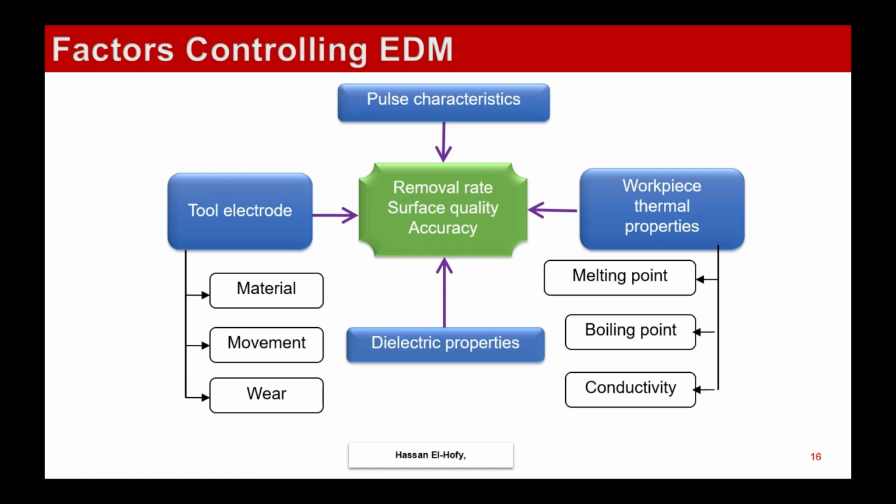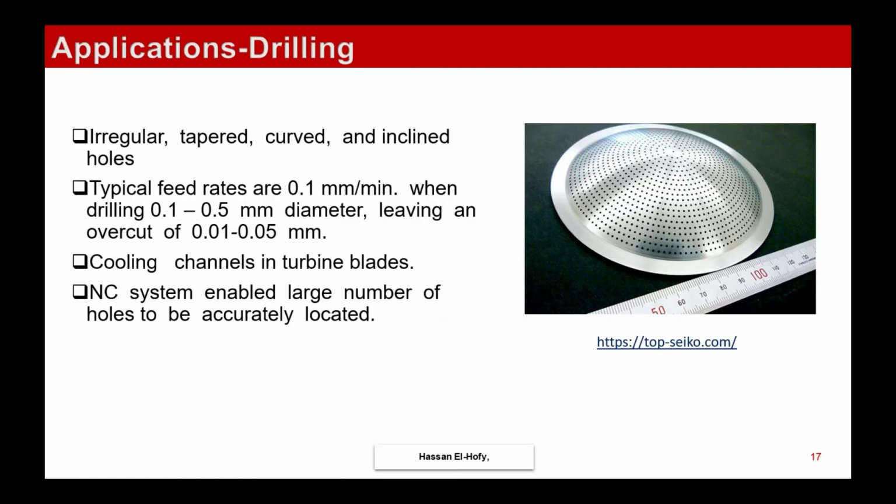The thermal properties are the melting point, boiling point, electrical conductivity, and thermal conductivity, which play a major role in controlling the removal rate, surface quality, and accuracy. The dielectric properties as well affect the removal rate, surface quality, and machining accuracy.